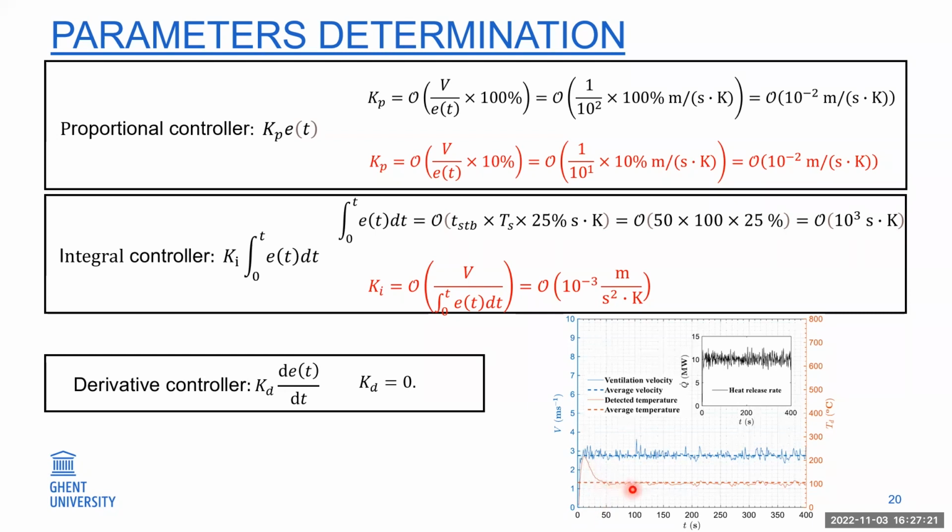And the second stage is the stable stage, where the temperature just fluctuates a little.